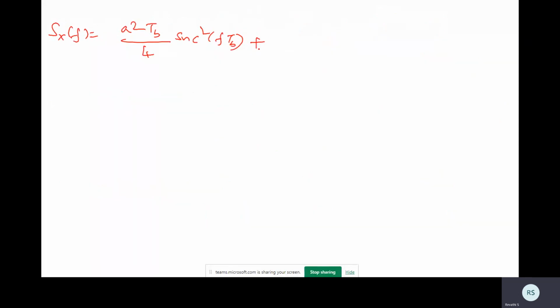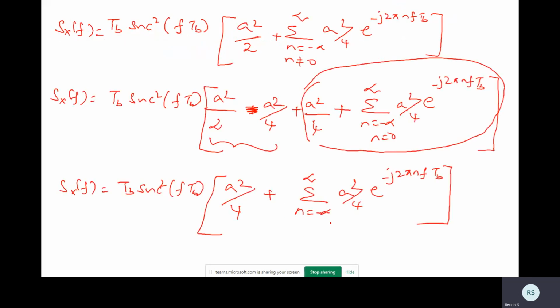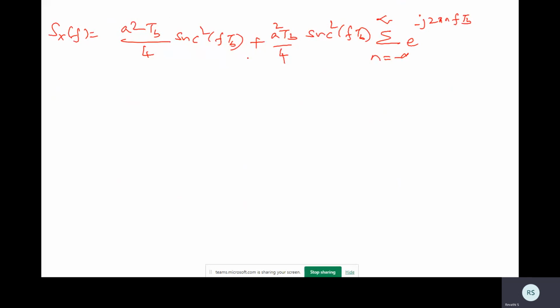So that is the second part, plus Tb sinc square of f Tb summation. We can also take a square by 4 outside, summation n equal to minus infinity to plus infinity e power minus j 2 pi n f Tb. So this second part, a square by 4, I have taken it outside, which is a constant not depending on n. I can take it outside here and multiply with this one. So I got two parts, first part and second part.